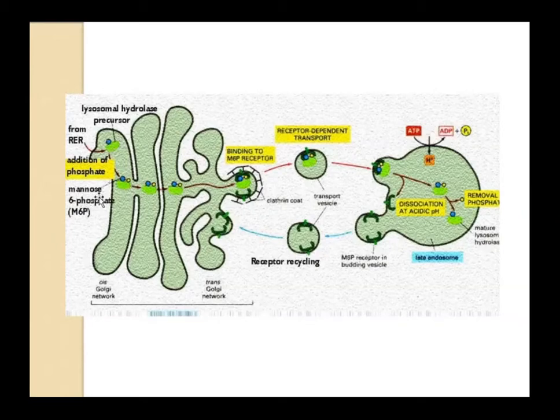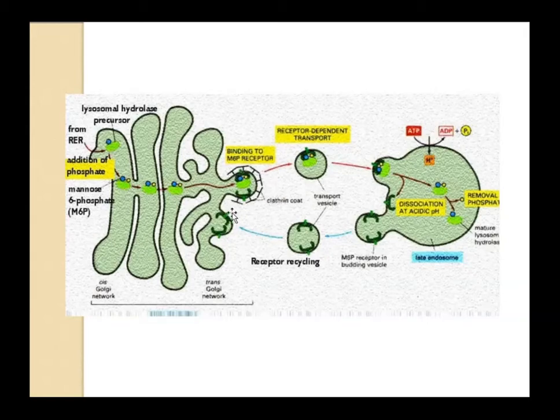After it binds the mannose 6-phosphate group, it forms this lysosomal hydrolase, which is transported to the Golgi apparatus. In the trans-Golgi network, the membrane contains the receptor, the mannose 6-phosphate receptor. The receptor will bind the mannose 6-phosphate group on each of these lysosomal enzymes, and the complex will be covered by a coat protein, the clathrin coat.